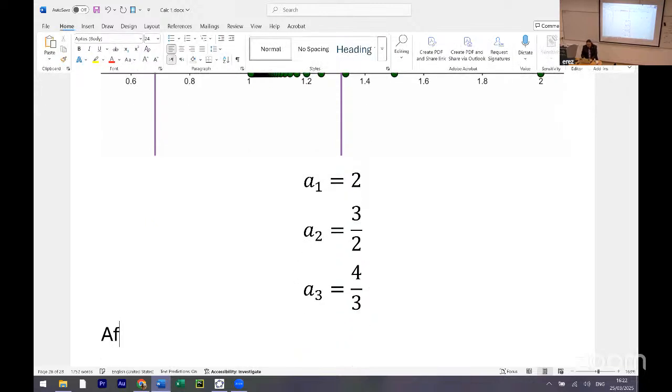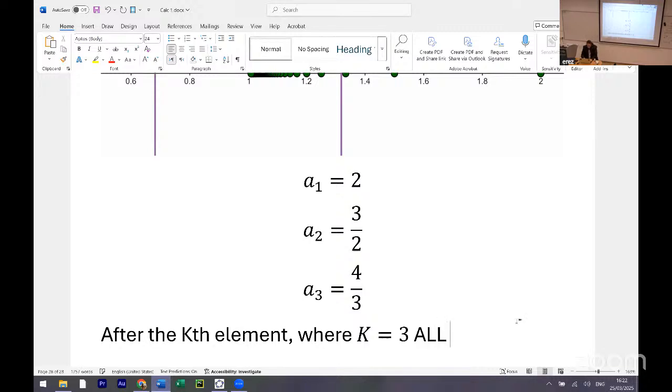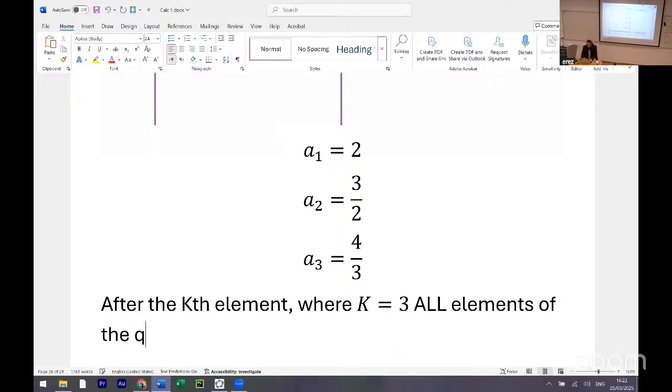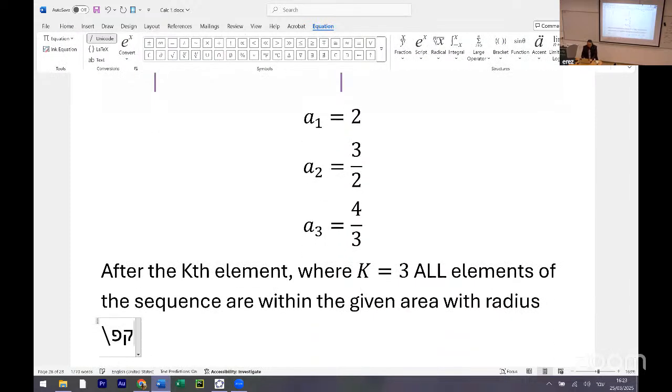Then after the kth element, where k equals 3, all elements of the sequence are within the given area with radius epsilon, that's the name of the radius, equals 1 over pi.